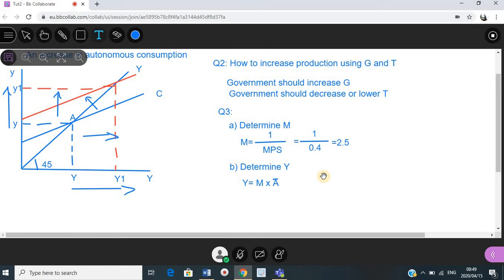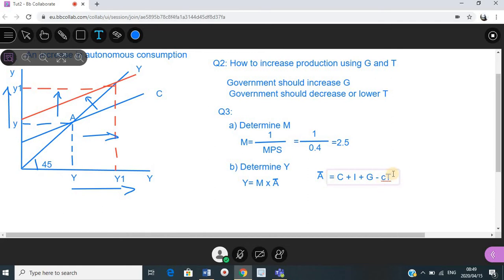We know that autonomous consumption, or autonomous spending, either way, is equal to C, autonomous consumption, plus investment, autonomous as well, plus government spending, which is a given value, minus the marginal propensity to consume multiplying T, which is the tax.